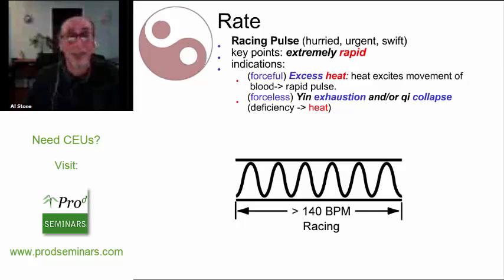If it's really getting up over 140 beats per minute, I would consider talking about having the patient go to an ER or emergency room or a physician. I would be a little concerned with that, unless they just ran in off the street or had a good reason. But that's a personal decision depending on your sense of confidence.